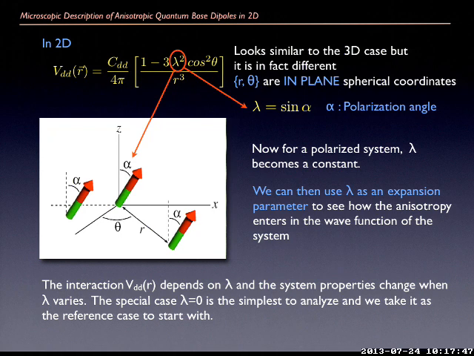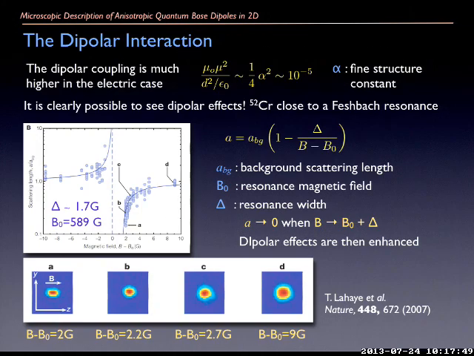But before that, I wanted to show you something about experiments, because this is not only about theory, but also about experiments. This is taken from the original paper by Lahaye and collaborators, I think, Nature 2007, where they first showed that under certain conditions you can see the effect of anisotropy in dipolar systems in chromium.